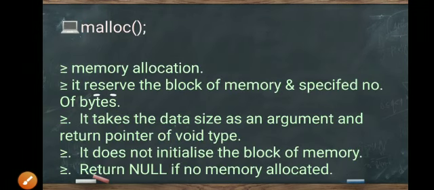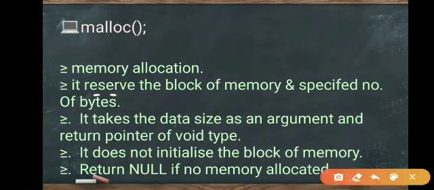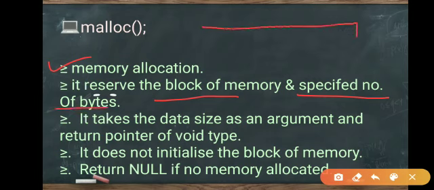First function is malloc. Malloc stands for memory allocation. It reserves a block of memory of a specified number of bytes. Meaning if we have to store 20 bytes, then the whole 20 bytes will be stored in a single box like that. And we cannot initialize this box in the malloc function.